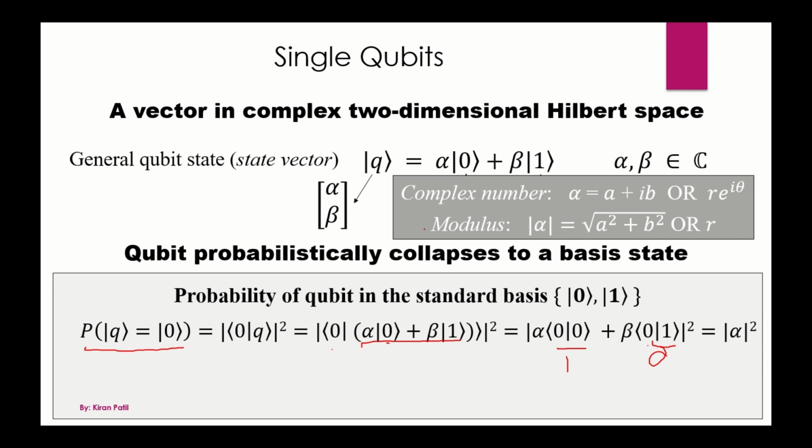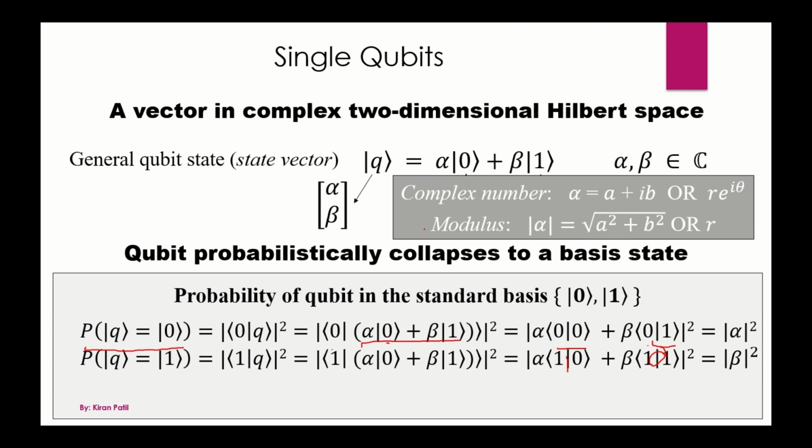Using the Born rule, we have calculated the probability, right? Similarly, now we will calculate the probability of getting ket 1, meaning the qubit q is equal to ket 1. To do that, we will use the Born rule: inner product of 1 and q, modulus square.